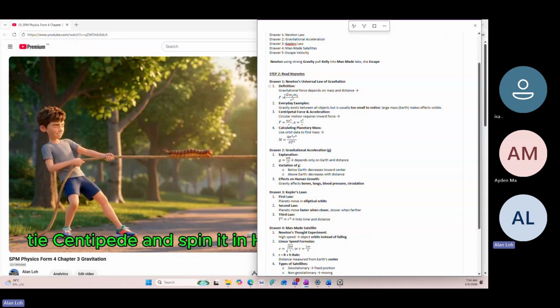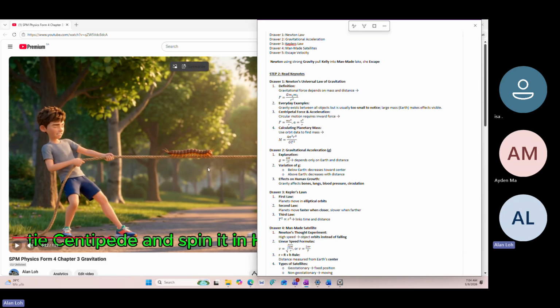You have this formula about the boyfriend and girlfriend, and also the 2 kilometer distance. Then you have the centripetal force, and I'm using the centipede to help you remember there is this centripetal force that you need to understand.